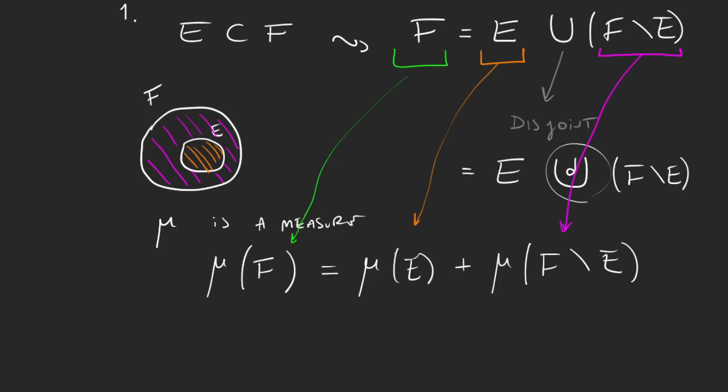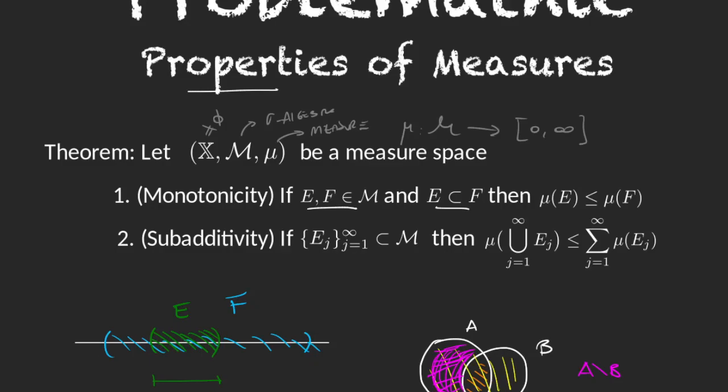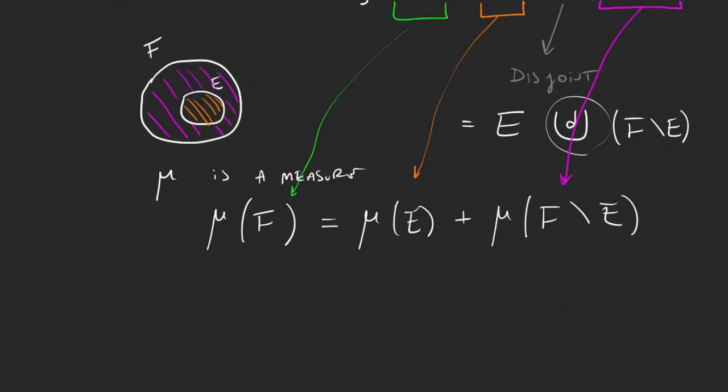But now the measure, as we said up here, gives us a positive number, or 0. So mu of F minus E is actually greater than or equal to 0. So in order to get the measure of F, we have to add a positive number to the measure of E. Well, this equation is just telling us that mu of E is smaller.